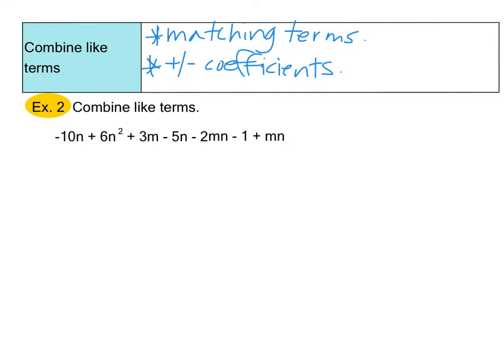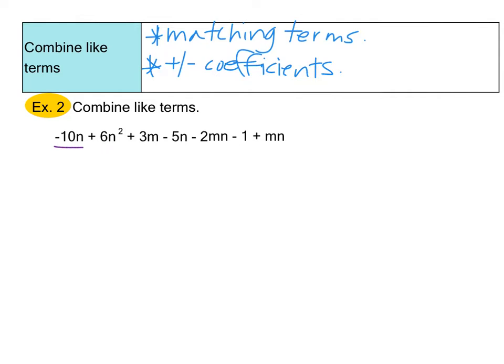It just says combine like terms, pretty straightforward. -10n plus 6n squared plus 3m minus 5n minus 2mn minus 1 plus mn. As we look for like terms, we're looking for terms that have the same variable with the matching exponent. So -10n and 6n squared would not be a match.